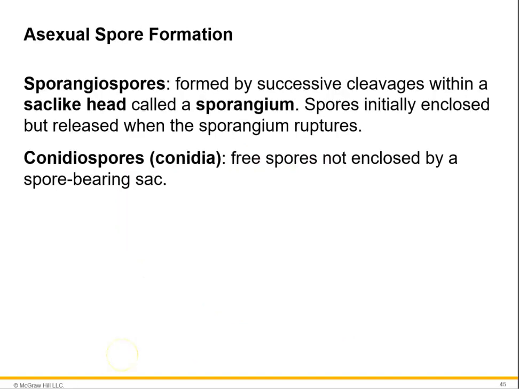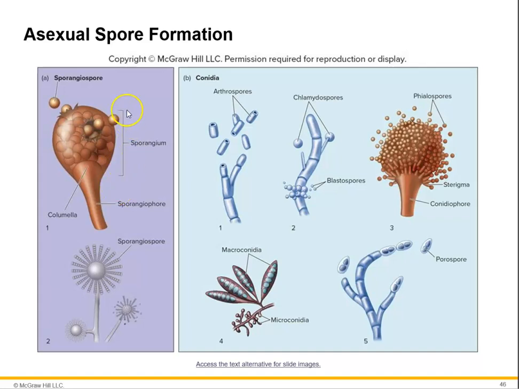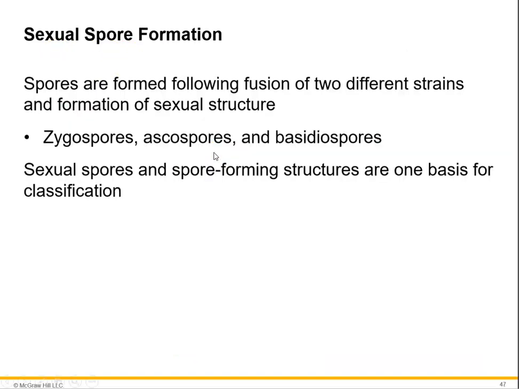And the way fungi do this is they produce spores, and there's a couple of different ways that spores can be produced. You can see there's some structural differences here between these two spore-releasing mechanisms. And these are an example of the asexual spore formation, but you also have sexual spore formation. All right, so you can have asexual or sexual reproduction with fungi.